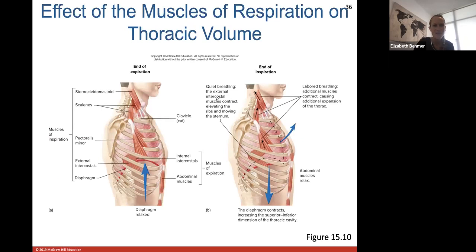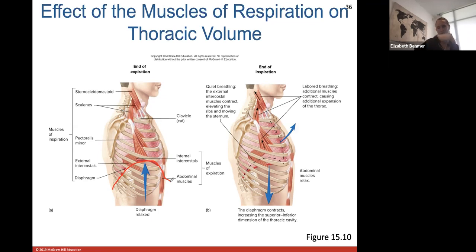So here we have the effect of the muscles of respiration on thoracic volume. So normally, when your diaphragm is relaxed, it takes on this cone-like shape appearance. So at the end of expiration, after you're exhaling all the air, your thoracic cavity and thoracic volume gets smaller because you don't have air in your lungs.